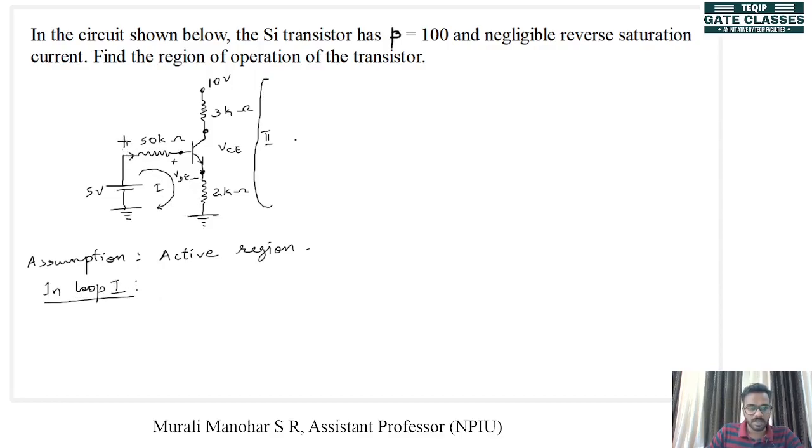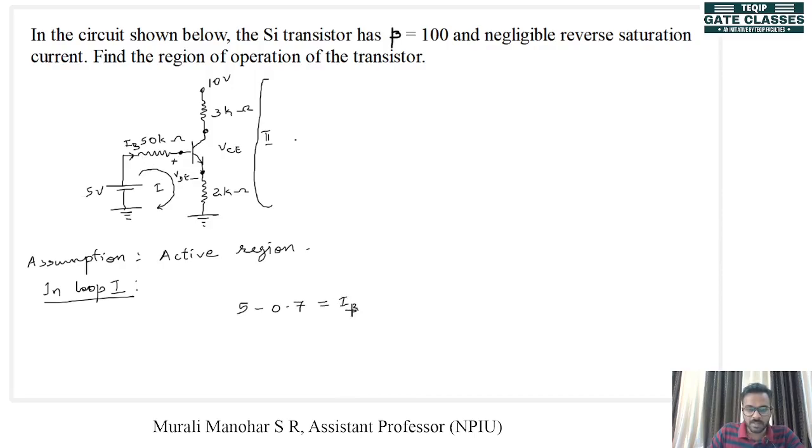This is IB, and here there will be some voltage drop. There is a voltage drop in this resistance and a voltage drop in this resistance, and there are two voltages, 5 volt and VBE. So 5 minus VBE, that is 5 minus 0.7, must be equal to the voltage drops, right?